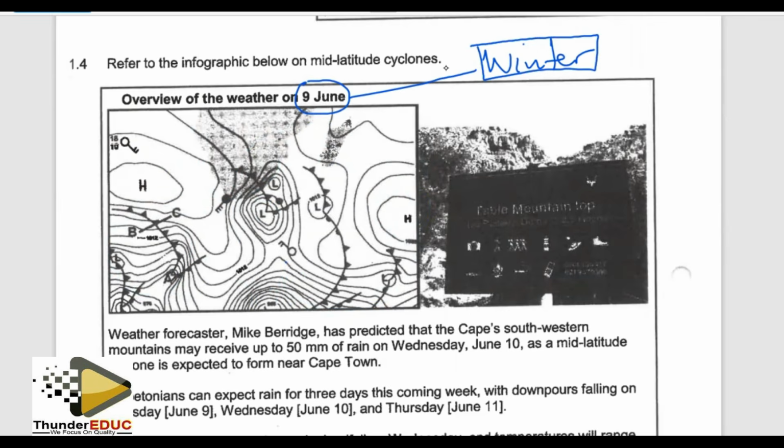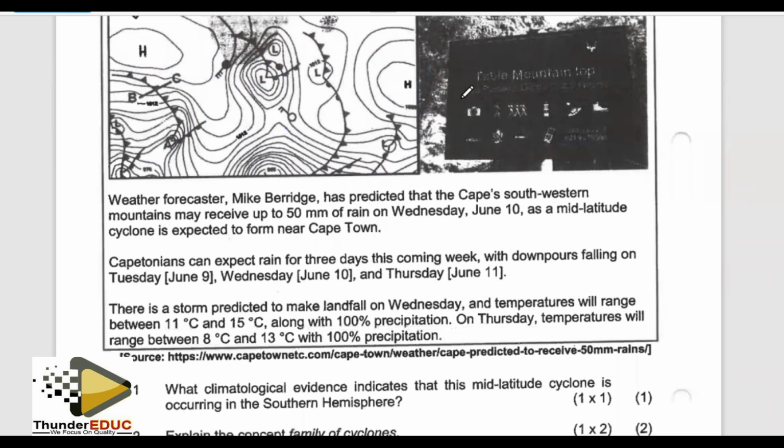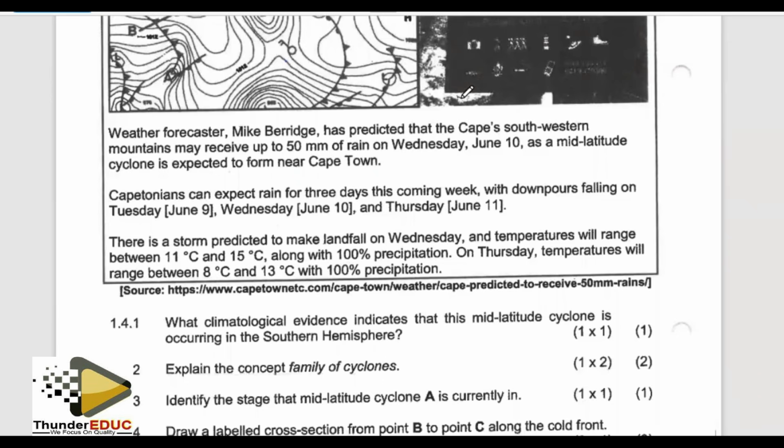So one evidence to prove that this mid-latitude cyclone is in the southern hemisphere is by the mere date of winter.